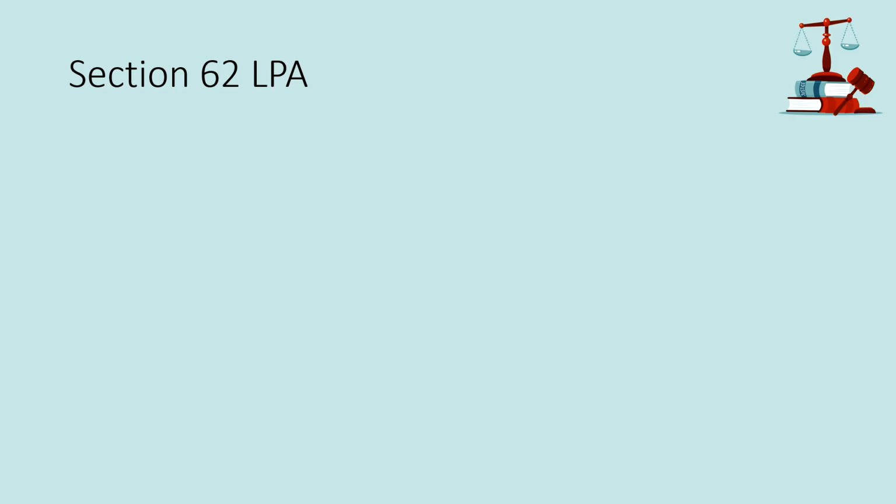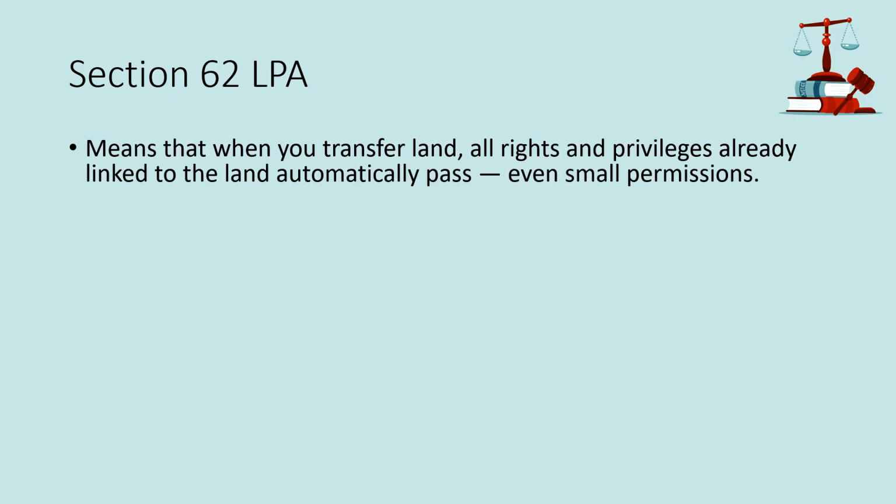Now let's move on to Section 62 of the Law of Property Act, and this is similar to the previous ones because it also automatically passes certain rights and privileges if you transfer the land to someone else.